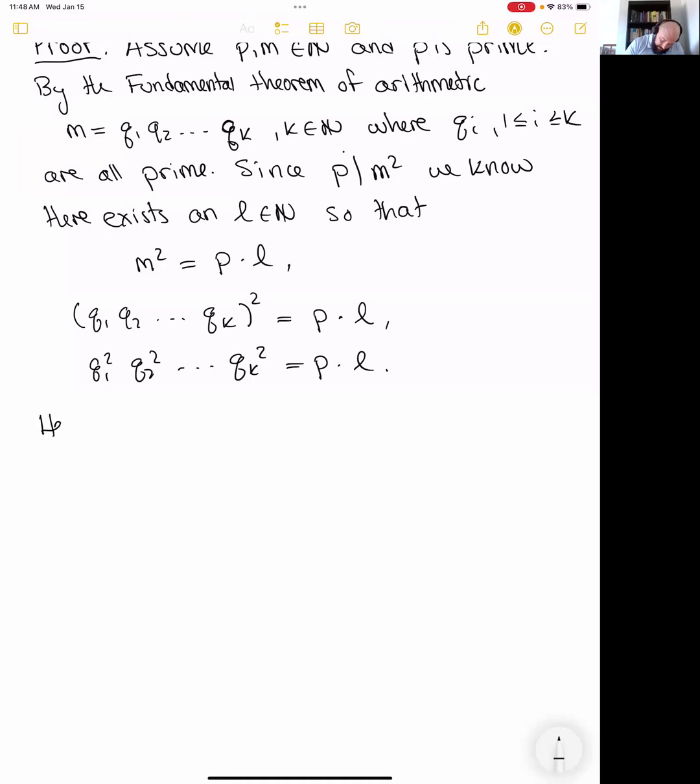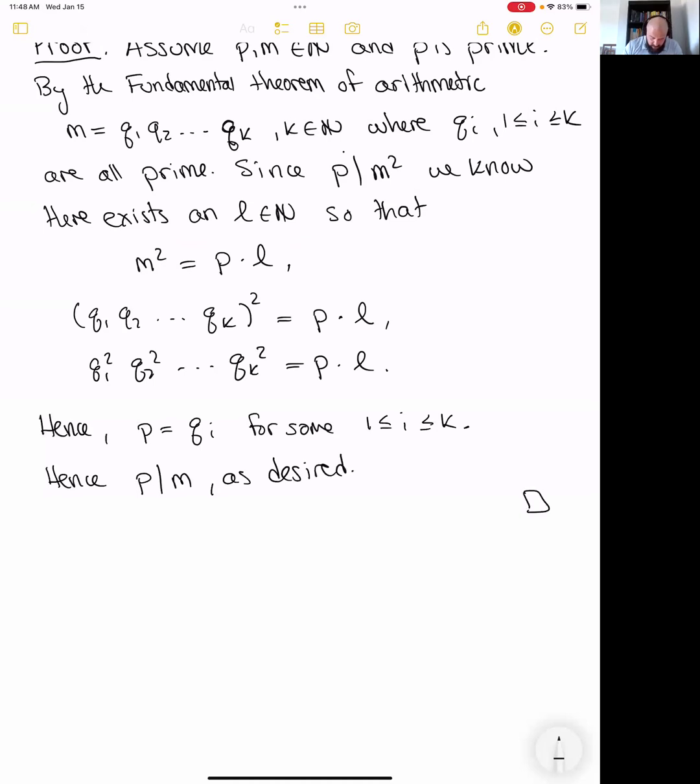Hence, P equals some Qi for some 1 less than or equal to i less than or equal to k. Hence, but what does that mean? Hence, P divides M as desired.